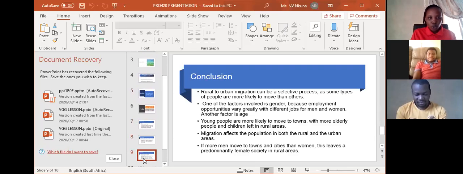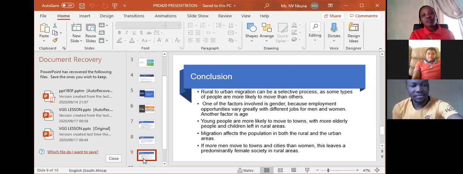So in conclusion, rural to urban migration can be a selective process, as some types of people are more likely to move than others. One of the factors involved is gender, because employment opportunities vary greatly with the different jobs for men and women.